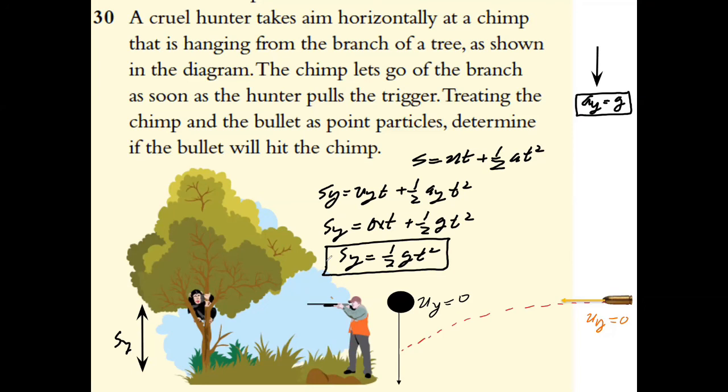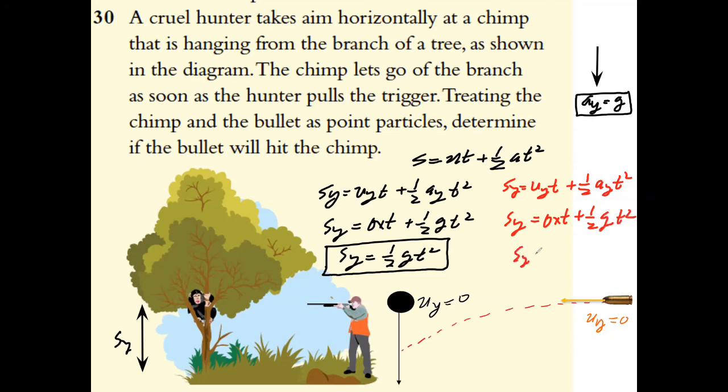Now let's take a look at the bullet. Let's write down the y component as well. Sy equals, initially the bullet is traveling horizontally, so the initial y component equals 0. So 0 times t plus 1/2, with downward as the positive reference and the acceleration due to gravity downward, g t squared.